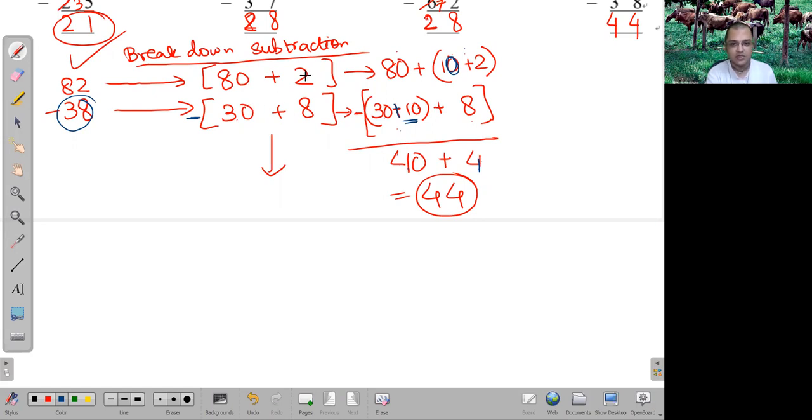Yes, possible. 2 minus 8, is it possible? No, not possible. Now, please understand, although this is plus written here, when you are subtracting, we are actually doing minus. This plus is just inside. We are actually doing subtraction. Now, if 2 minus 8 is not possible, then what is possible? 12 minus 8 is possible.